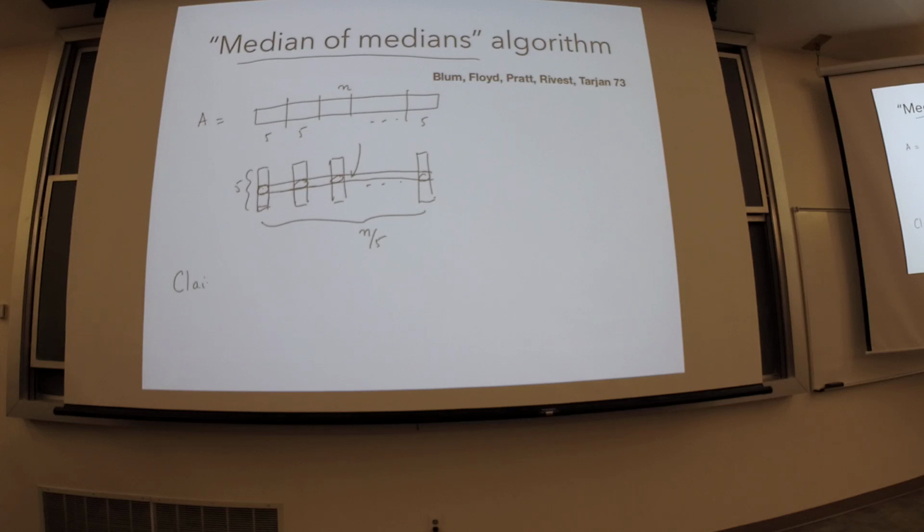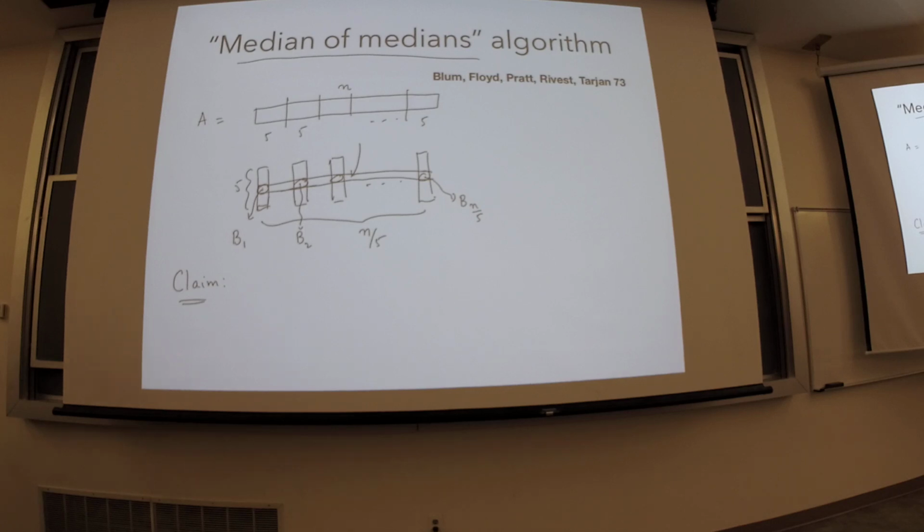Let's give names to these, because I don't like talking about terms that are only there in pictures. Let's call this one B1, this is B2, and this is B n by 5. The point is that this is an n by 5 size array.